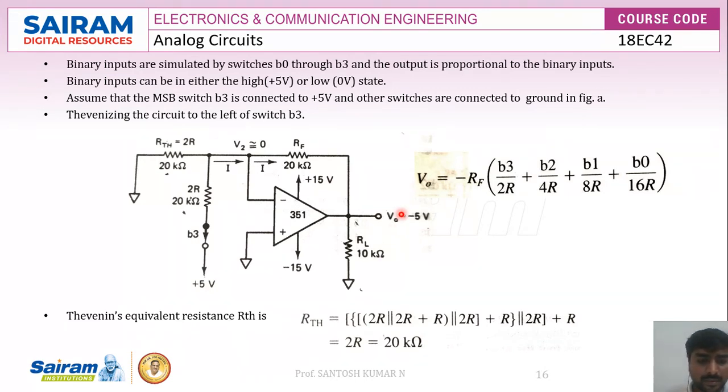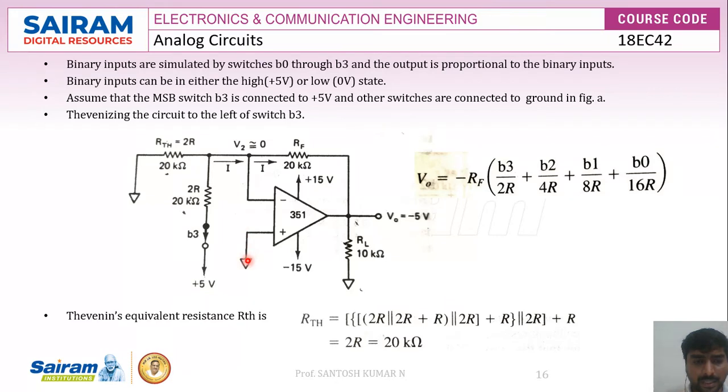Here this particular inverting input is connected to the input terminal, hence this is in the inverting configuration, inverting mode. This particular voltage V2 is 0 because of the virtual ground concept.